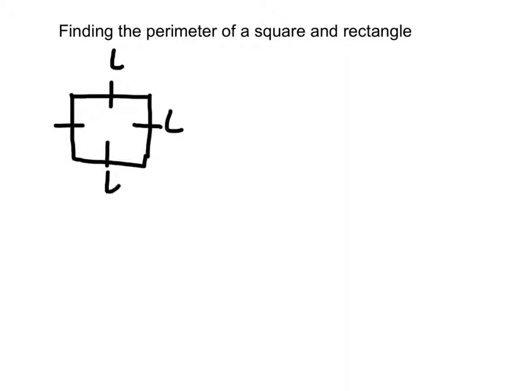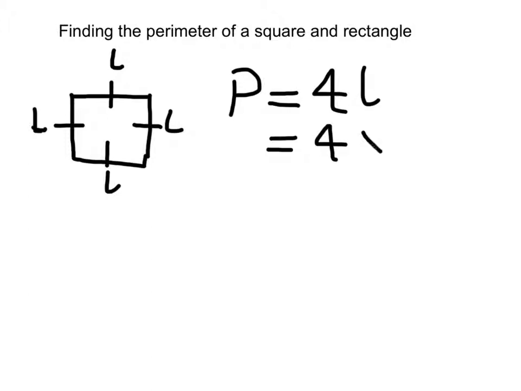So we'll mark that as L. So the formula for the perimeter of a square is P for perimeter equals 4L. So what that means is it's 4 times L. 4 lots of length. 1 length, 2 length, 3, and 4.